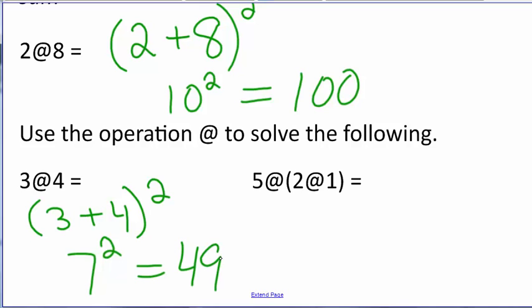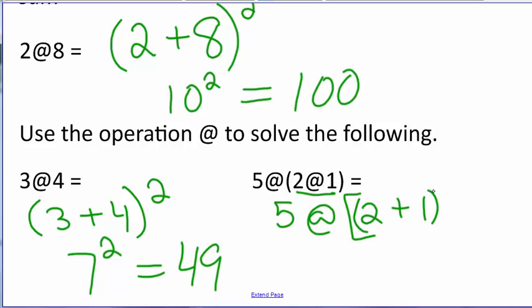Now here I'm going to do this twice, but I'm going to first start with this 2 at 1 because it's in the parentheses. And then I'm going to simplify what's in parentheses. So I need to add 2 plus 1 together first, and then square it.